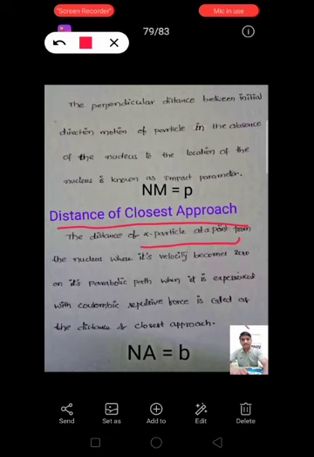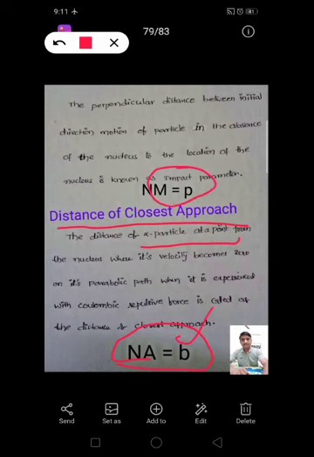It is called the distance of closest approach. So from the diagram we can write NA is equal to b, where b is the distance of closest approach. NM is equal to p, where p is the impact parameter. So, the impact parameter and the distance of closest approach from the diagram.